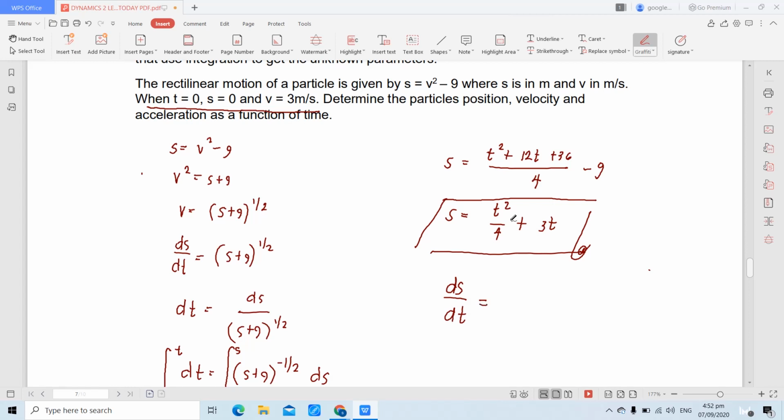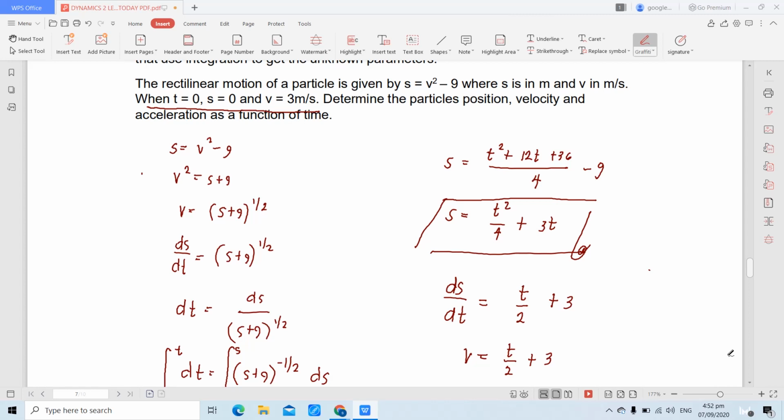So, that will be equivalent to, anong derivative ng t squared? 2t. Meron tayong 4 doon. That is t over 2. And then derivative of 3t, that is plus 3. Therefore, velocity is equivalent to t over 2 plus 3.